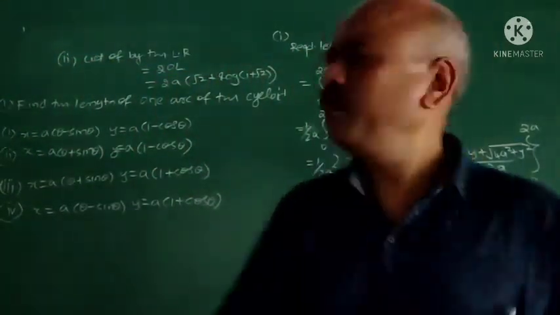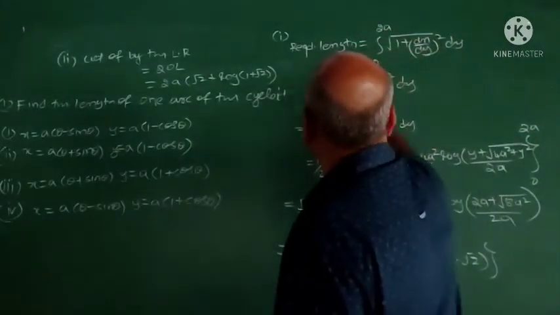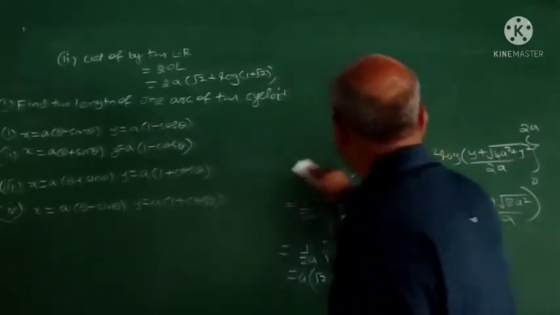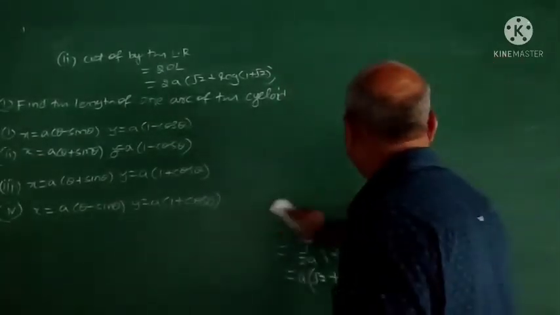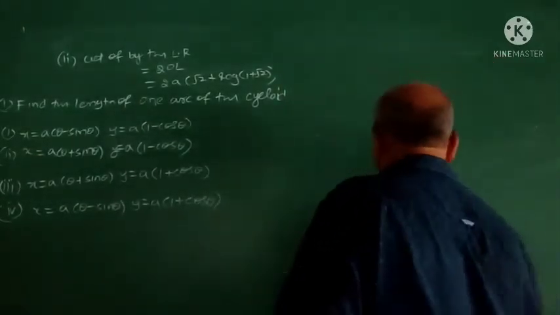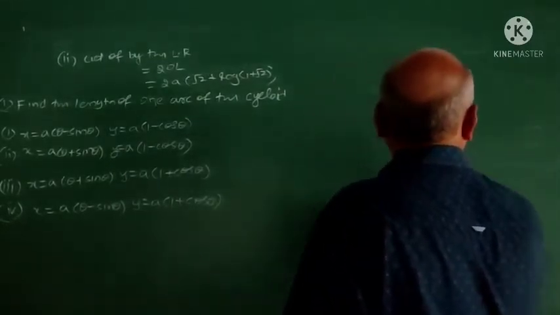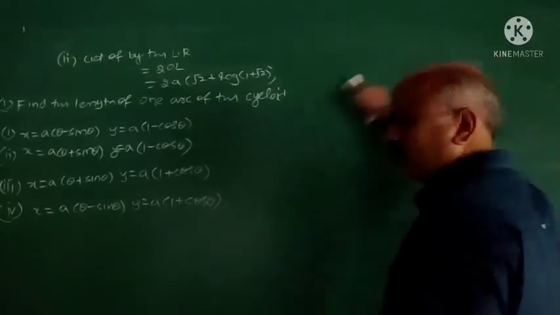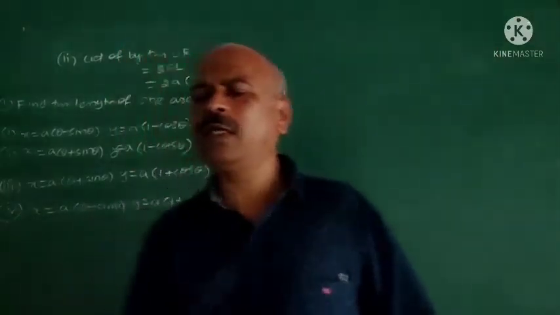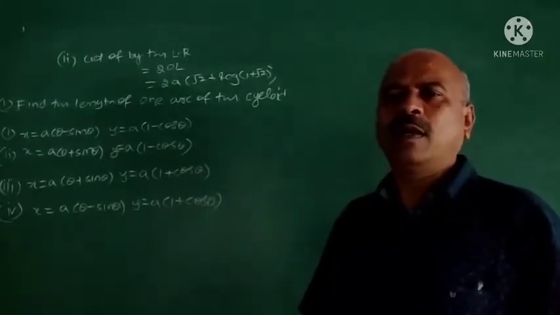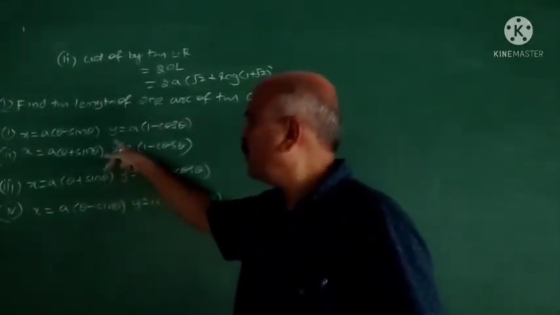What is the problem? Find the length of one arc of the cycloid, because these cycloids have infinite branches. It has infinite branches, but it consists of an infinite number of arcs.